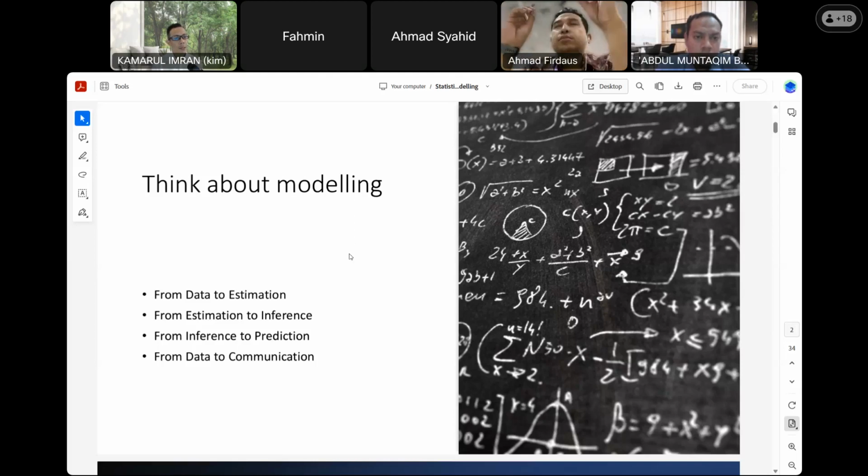And after that, from estimation, we do some further analysis to make inference. So what do we mean by making inference? Usually it means getting the p-value and also the 95% confidence interval. So when I ask you to do estimation, just run the analysis, get the beta value, the standard error value.